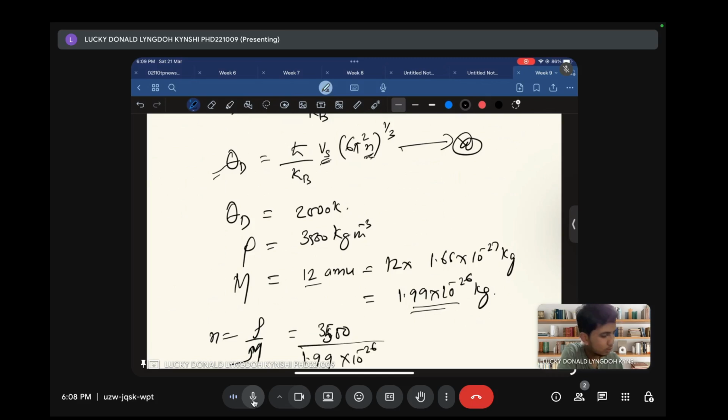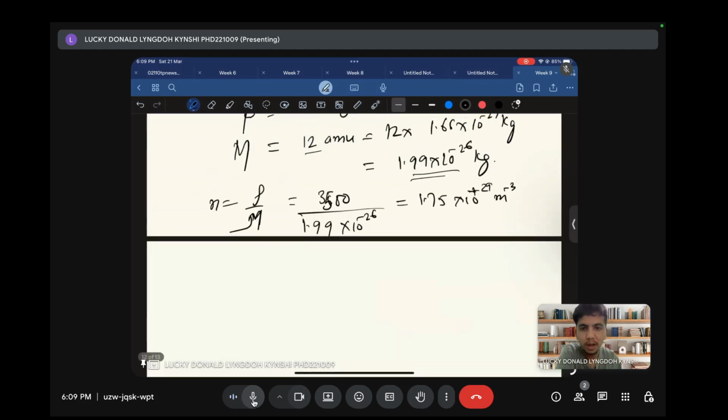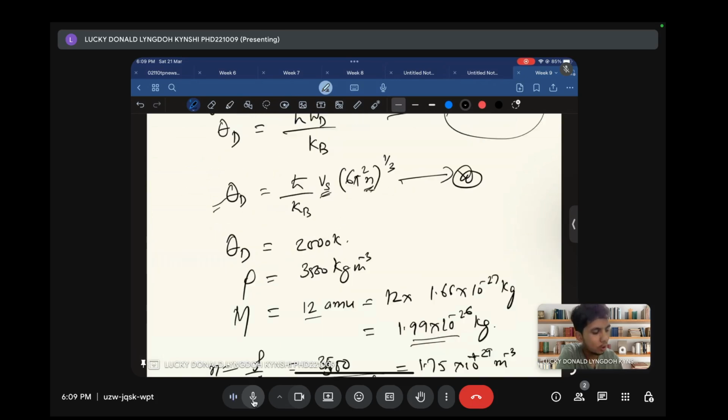So kg and kg cancel, and you will get about 1.75 into 10 to the power 29 per meter cube. Once you know the value of n, you just insert everything in the starred equation and easily calculate the velocity.